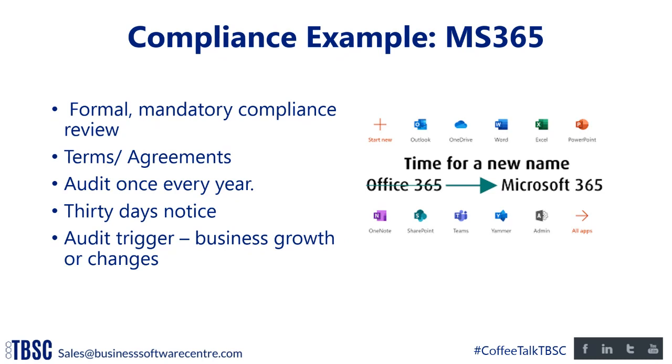So an example of an audit trigger would be if you're a small business moving really fast and growing really fast and accumulating a lot of new employees and buying a whole lot of new licenses. What will happen is this will trigger a Microsoft audit, and then you'll receive a formal letter in the mail.